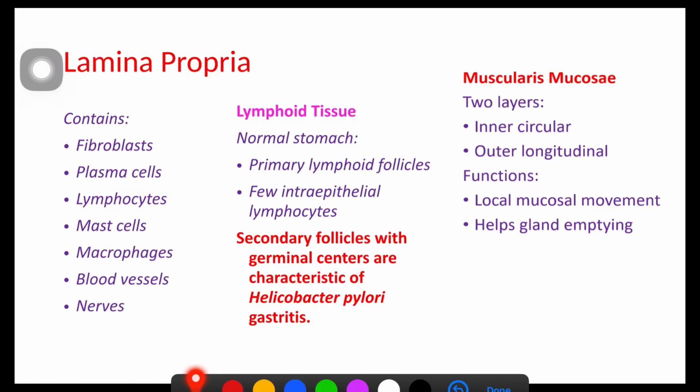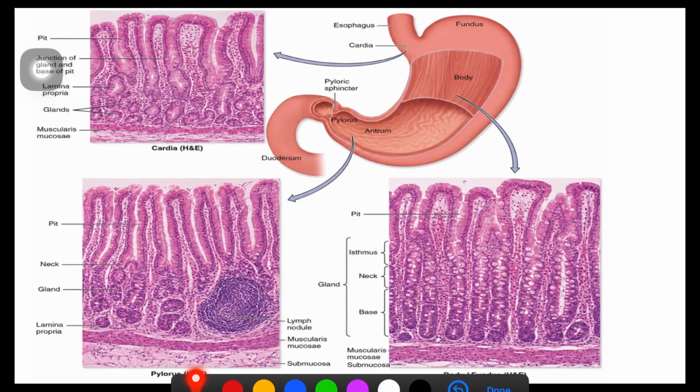Now, muscularis mucosae, mostly two layers, inner circular and outer longitudinal. Its function is local mucosal movement, and it helps gland emptying in the stomach. So this is how you can identify the layers. There are four anatomical regions, but fundus and body have this morphology, which is called oxyntic mucosa.